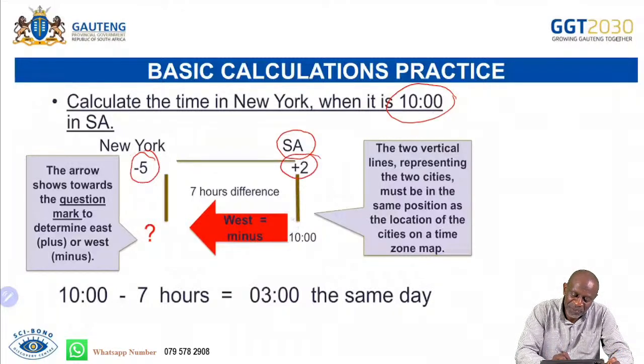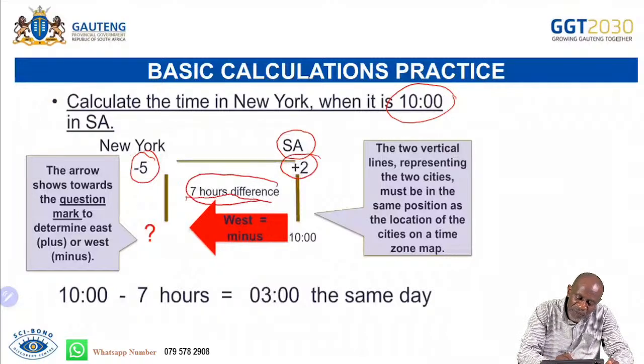Now, the first step, as we indicated, is to determine the time difference. We have identified the location of our two cities in question, and the time difference +2 -5, as you count using the ribbon, you will arrive at a time difference of 7 hours.